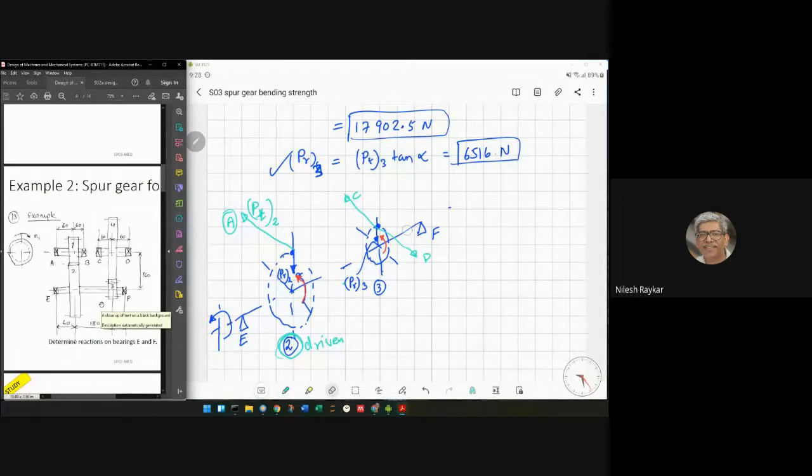And now for gear number 3, we have to determine the direction. Is gear number 3 a driven gear or a driving gear? Driving gear. So among gear number 3 and 4, gear number 3 is the driving gear.